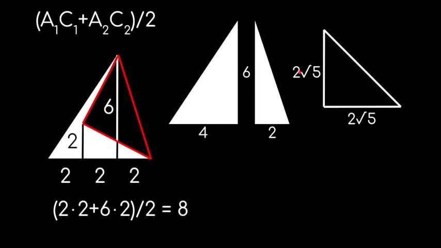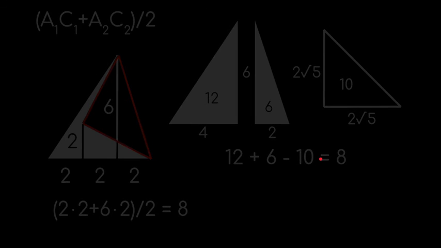Now this is, as I said, just going to be 2 square root of 5 because it's 4 plus 16, and then the square root of that. Do the math for yourself if you want to check. Then we can put in the areas, and we also get 8. So I think all these examples should make it pretty clear that this formula works, and it does.